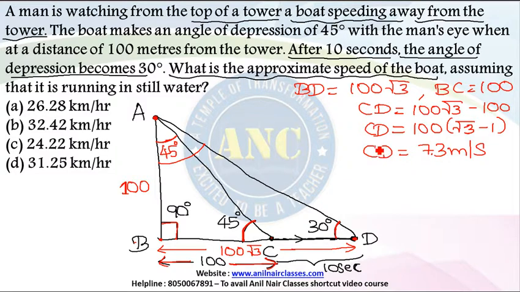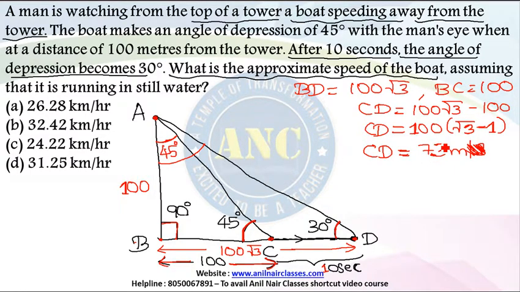But this is nothing but the CD value. I wanted the speed of the boat. To travel from C to D, it is taking 10 seconds, and it has traveled a distance of 73 meters. 1.73 is root 3. 1.73 into 100 is 173. 173 minus 100 is 73.